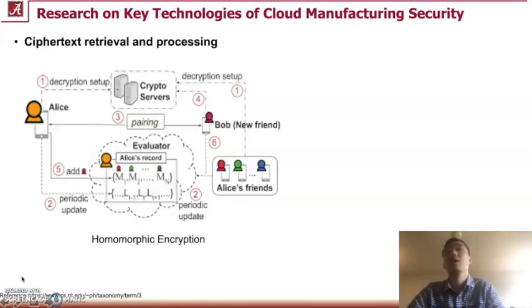The second one is the ciphertext retrieval and processing. For this one, many other characteristics are lost when the data becomes ciphertext, which leads to the failure of most data analysis methods. There are two typical methods for ciphertext retrieval based on the security index method.